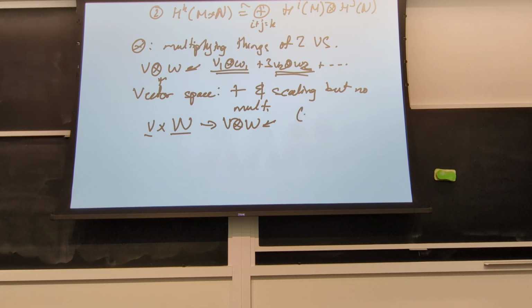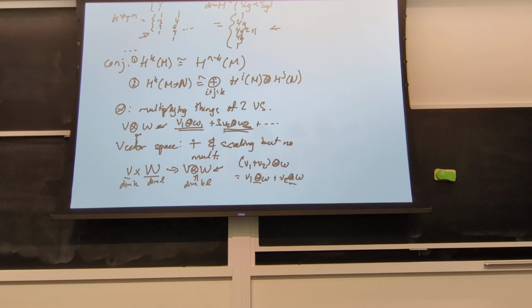So what that means is (V1 plus V2) tensor W equals V1 tensor W plus V2 tensor W. So when you see this tensor symbol, just think it means multiplication. And so you can check that this is dimension K, this is dimension L, and this guy will have dimension KL.